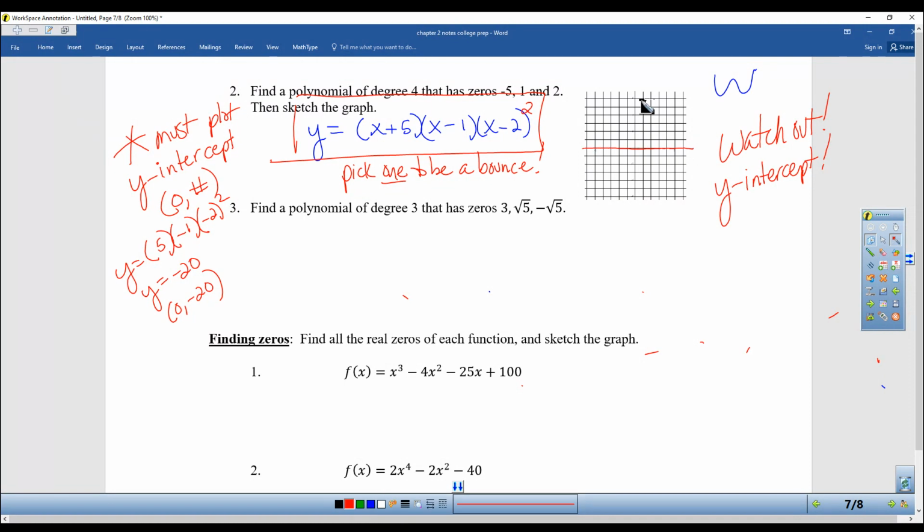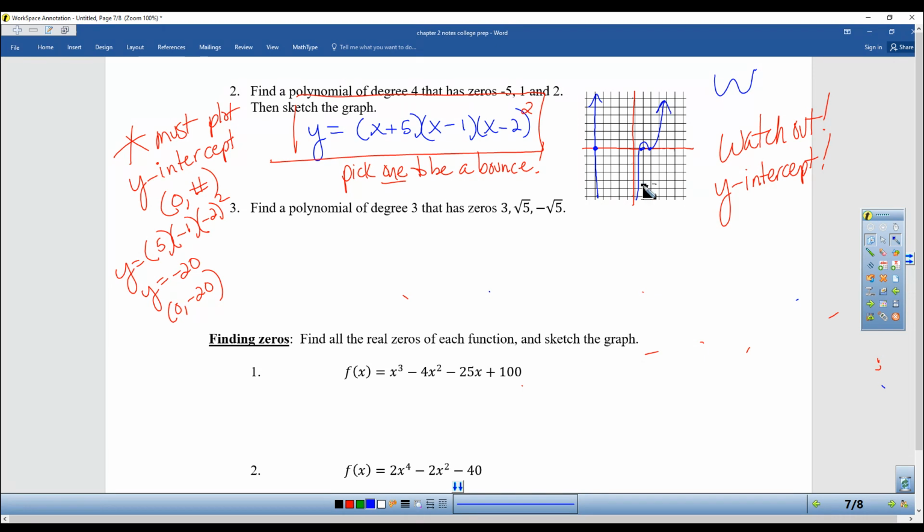Here's my axes. Again, I can't reach that y-intercept, and it'd be even lower if you had made the 5 the bounce. So I put my x-intercepts here, and my y-intercept is too far down for me to go. So I just go down, and then I show it coming back up, bouncing.